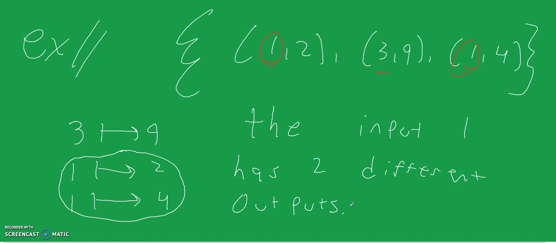Well, I look at all my inputs, 1, 1, 3, and then I notice that 1 has two different outputs, being 2 and 4. So this is not a function. And let me underline not. And I'm going to make an exclamation point.